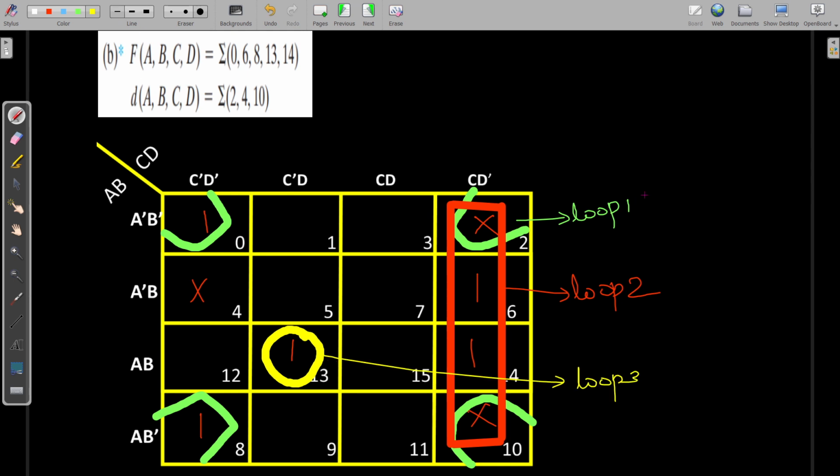Now we can write the expression for these loops. For loop 1, it covers these two row-wise and these two column-wise, so a dash and a cancel, and we get b dash. Here c dash and c get cancelled, so we get d dash.